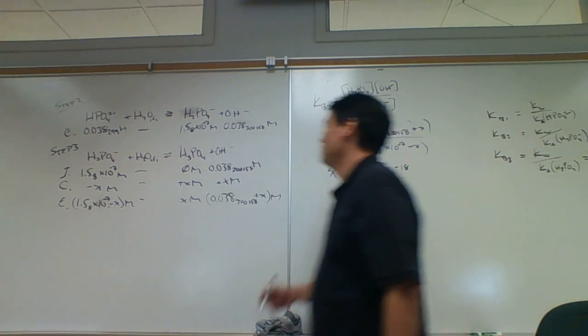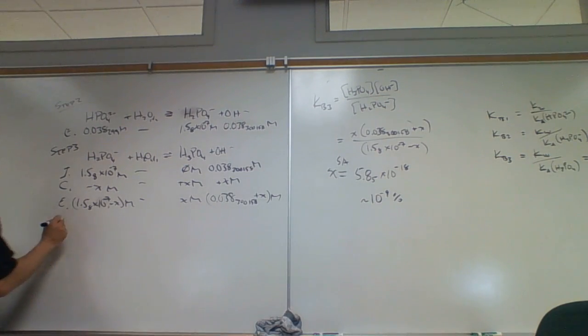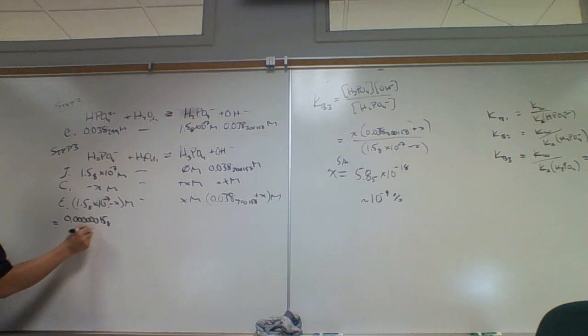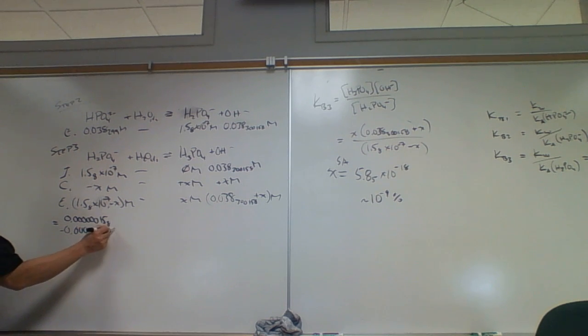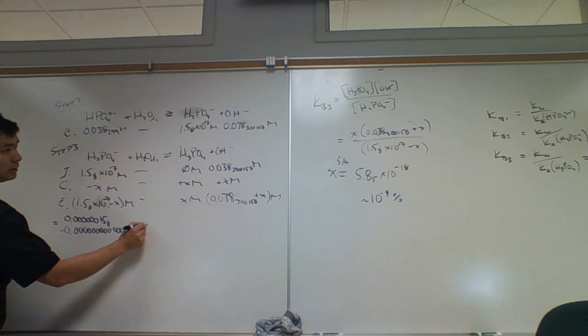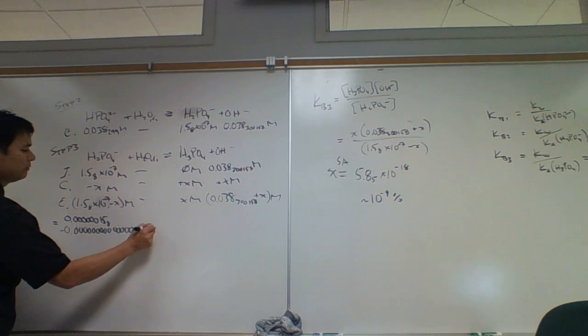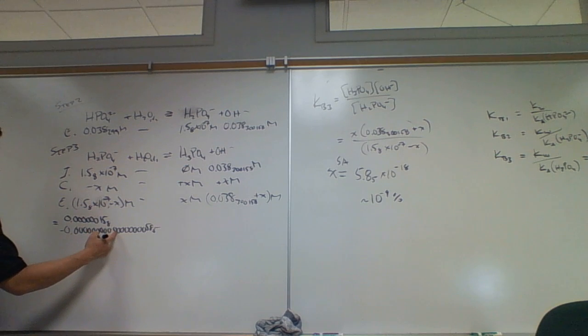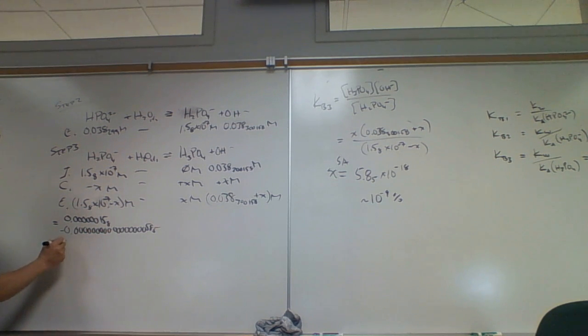And so let's go ahead and plug in the numbers here. So I'm going to write this in decimal form. So that's 6 zeros, 1, 2, 3, 4, 5, 6, 1, 5, 8. Minus, what we're going to have here is 17 zeros, 1 through 17, 5, 8, 5, 3, 6, 8.